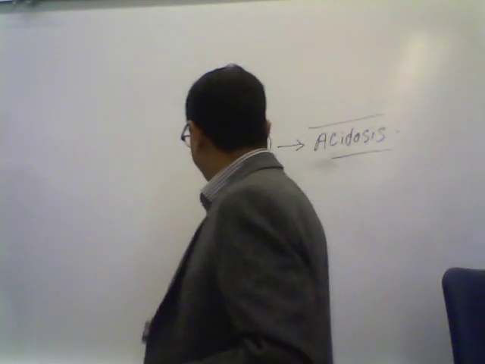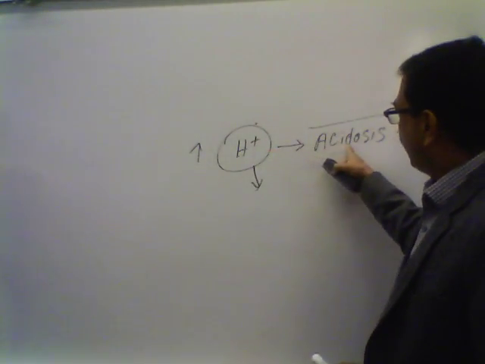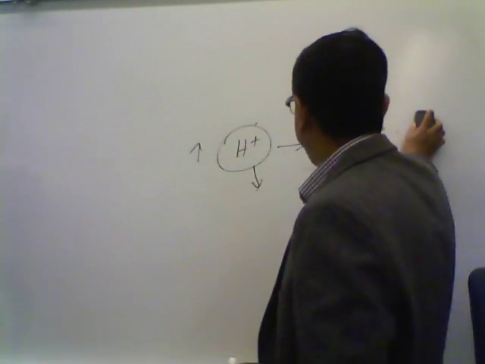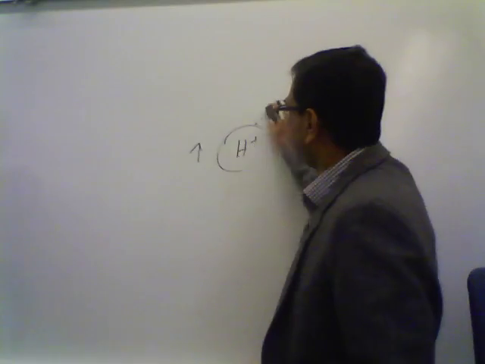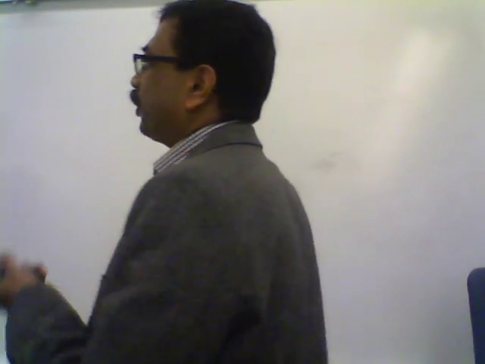So this is a good example of how kidneys prevent acidosis by regulating the hydrogen ion. And that is the acid-base balance. So those are important functions of your urinary system.